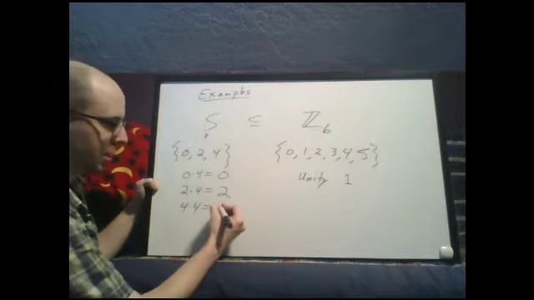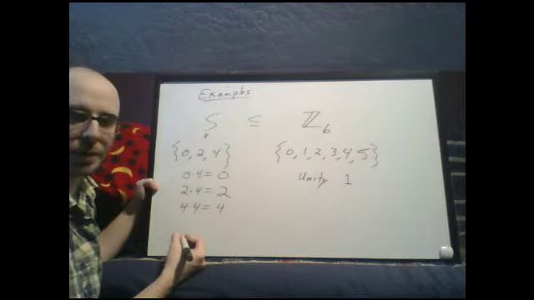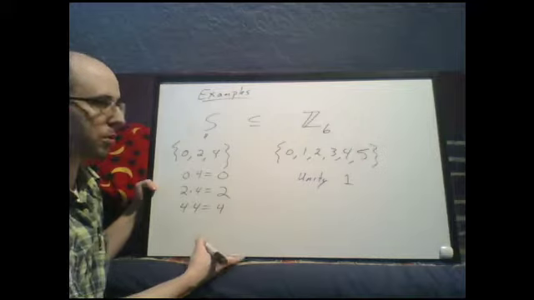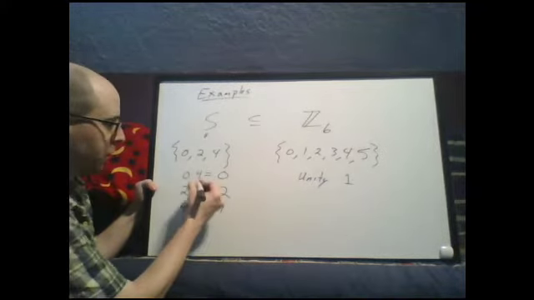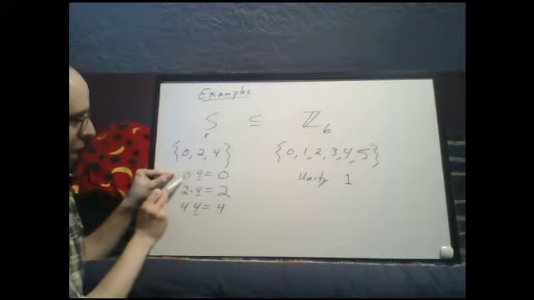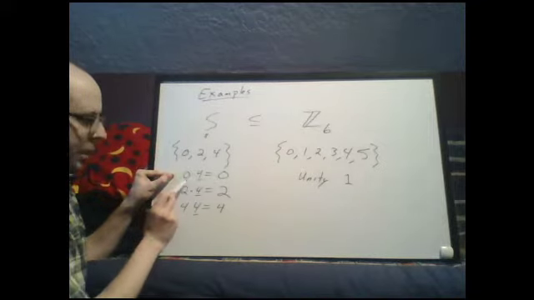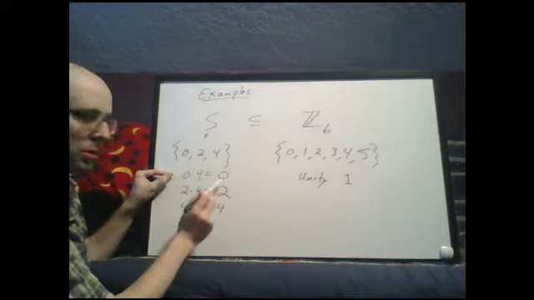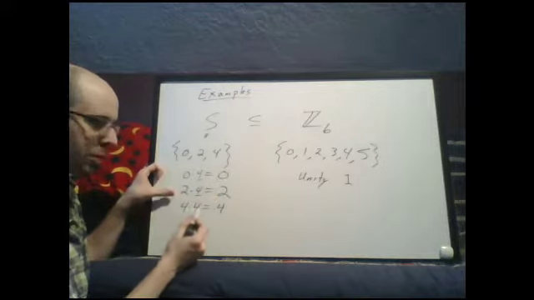Mod 6, that's 4, because it's 4 bigger than 12, which is a multiple of 6. So when I multiply by 4, I get the same element back. 0 times 4 is 0, 2 times 4 is 2, 4 times 4 is 4.